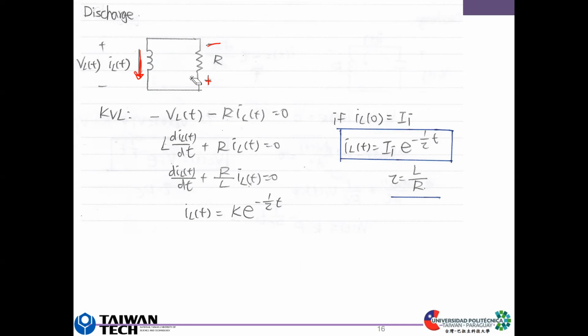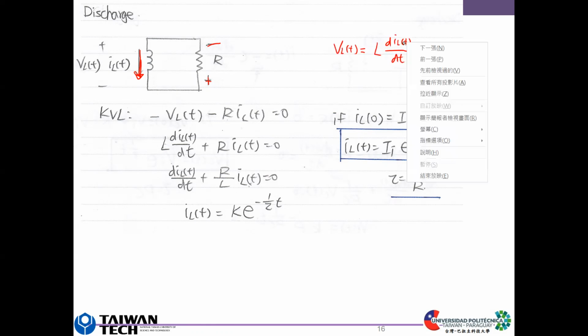And since V_L(t) for an inductor equals L times dI_L(t)/dt, we replace V_L(t) by L times dI_L(t)/dt.